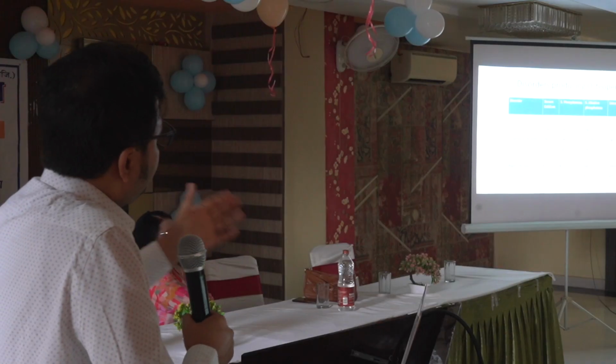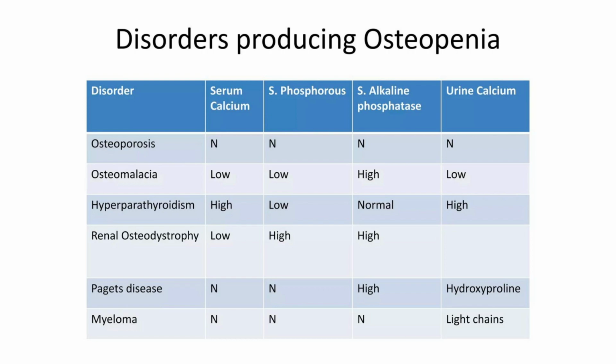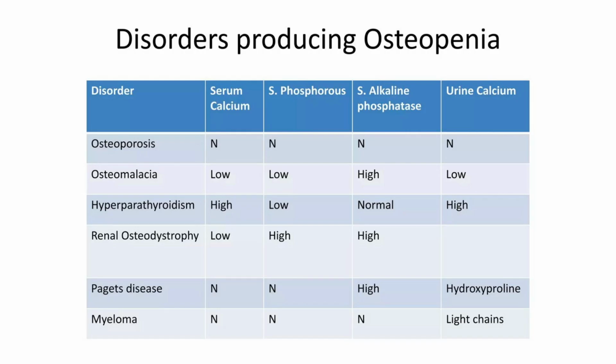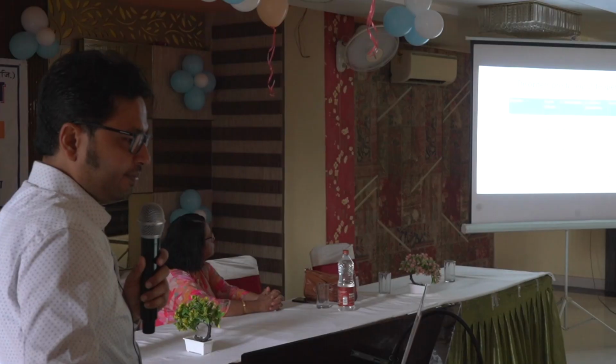In osteomalacia, alkaline phosphatase is high and the other things are low. In hyperparathyroidism, serum calcium is high, phosphorus is low, alkaline phosphatase is normal, and urine calcium is high. In renal osteodystrophy, serum calcium is low, serum phosphorus is high, and alkaline phosphatase is high. In Paget's disease, you see hydroxyproline. In myeloma, you see light chains in urine.